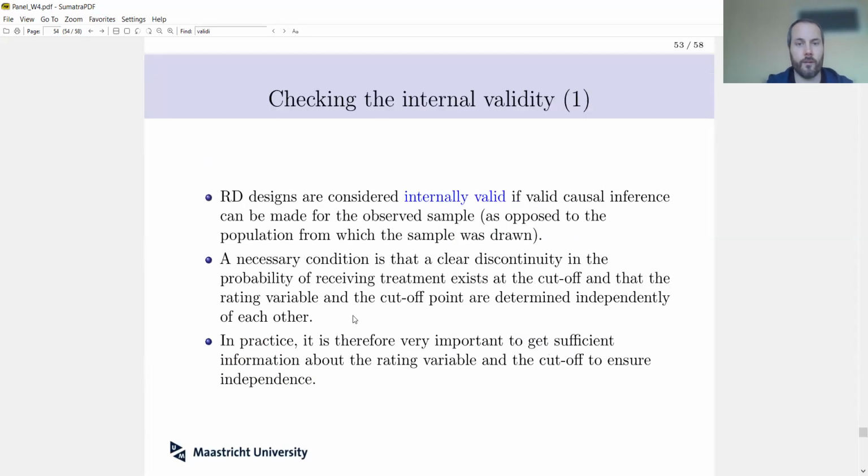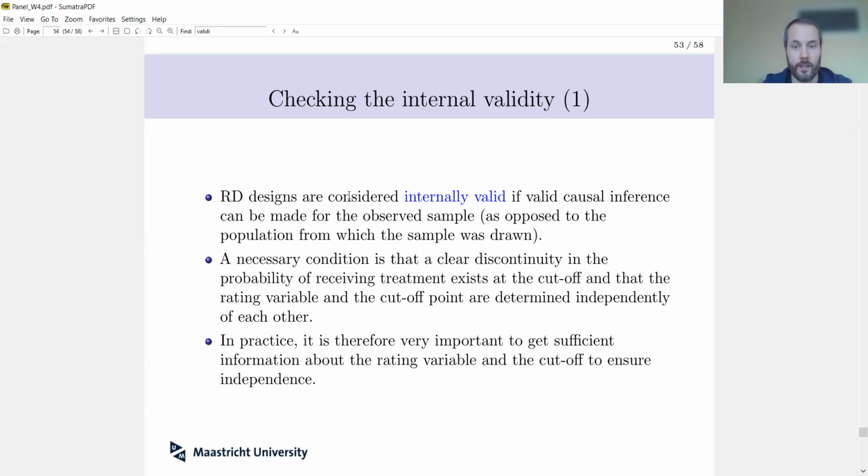Okay, now we want to check the internal validity. Again, what is internal validity? If you have a sample, it simply means that within that sample, your regression discontinuity design satisfies all the assumptions that are required for causal interpretation. So within your sample, you can draw a causal inference.